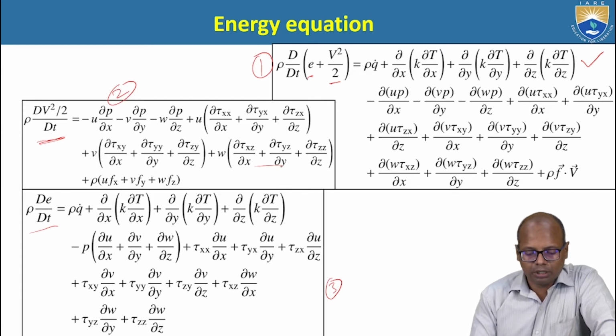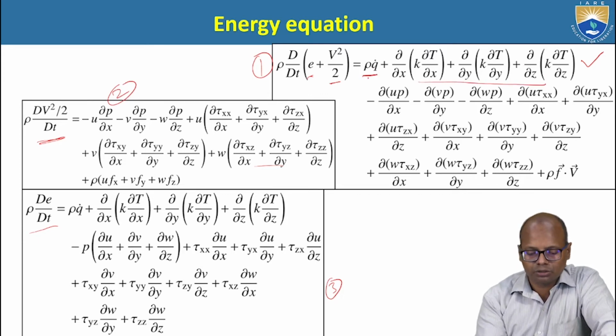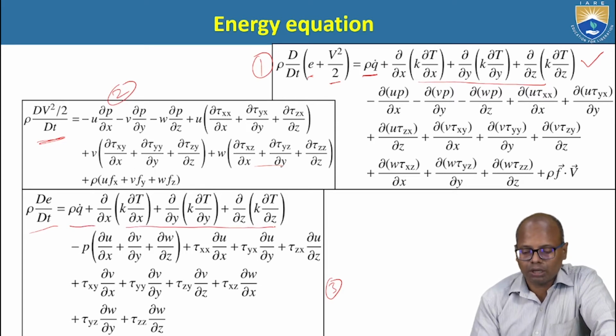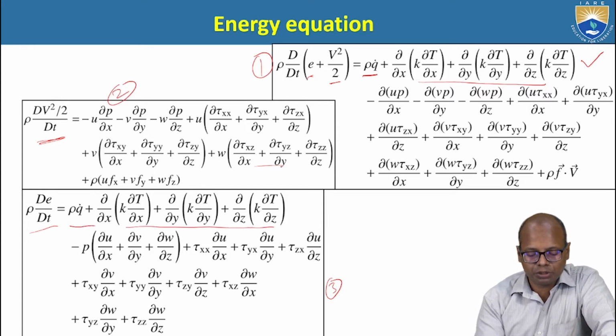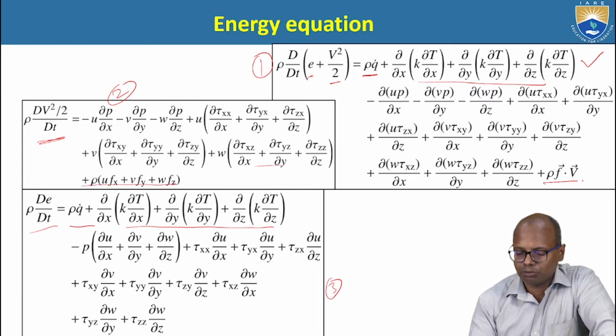Now this minus this: this is heat transfer and this is also heat transfer. There is no heat transfer in the other, so I have taken these heat transfer terms. Now coming to the body force term. Here the body force term is there, and here the body force term is there, both will get cancelled, so we don't have a body force term here.